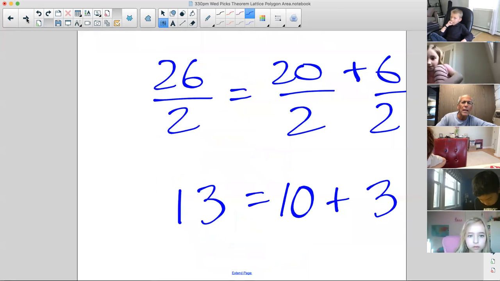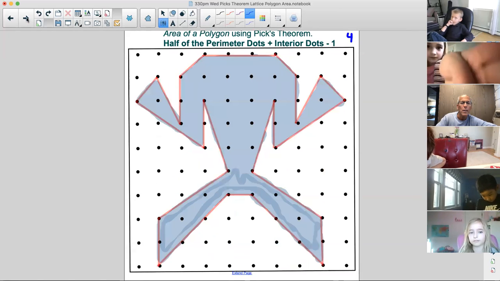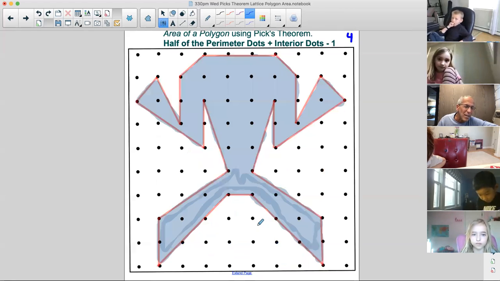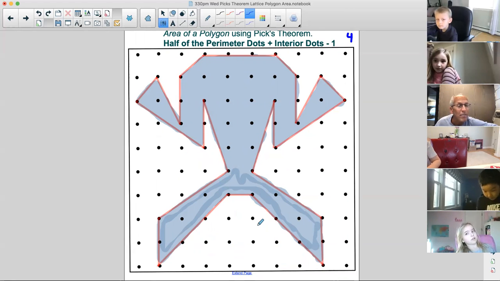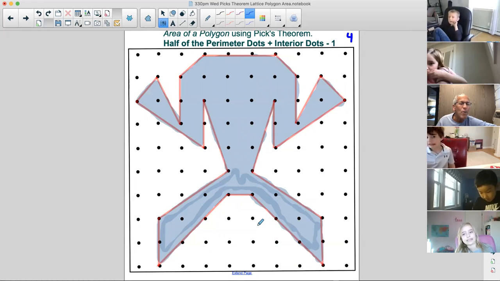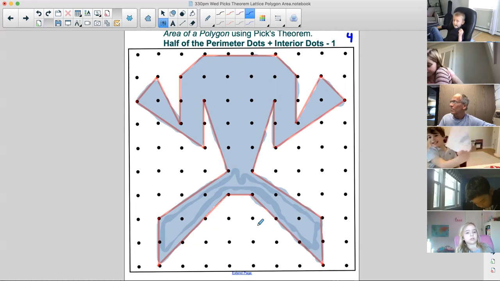Now, I hope you like the next one. The next one is the beheaded man. So I kind of made a man and then I chopped off his head. Who can find the area of the headless man? The headless man.